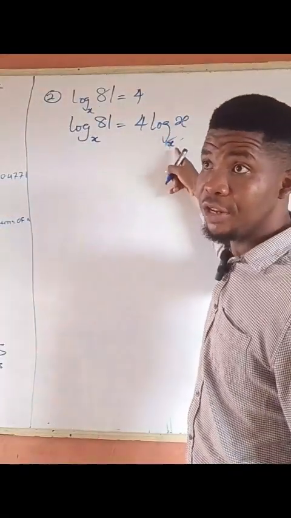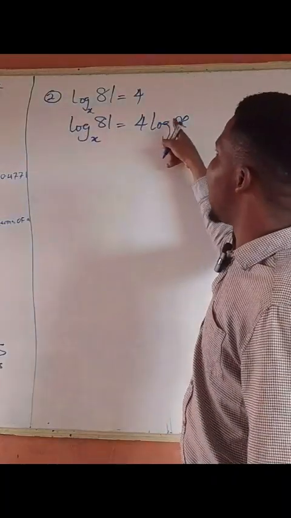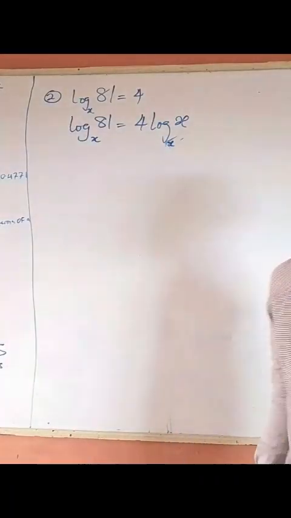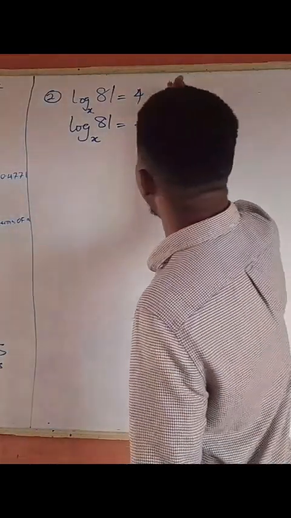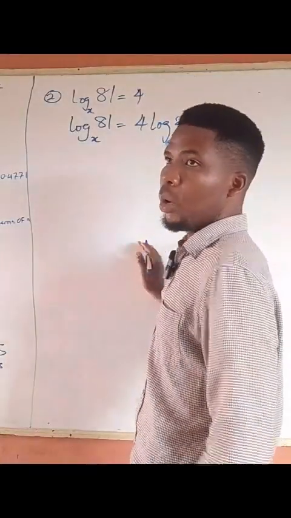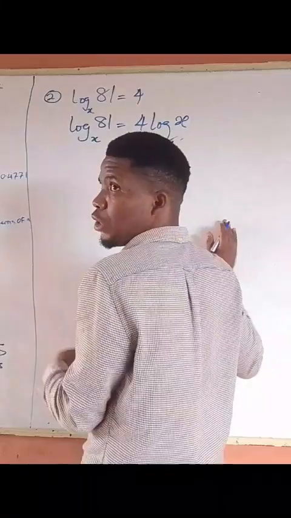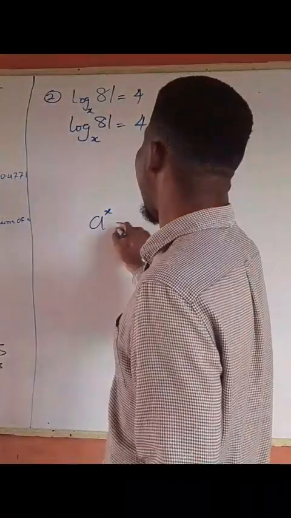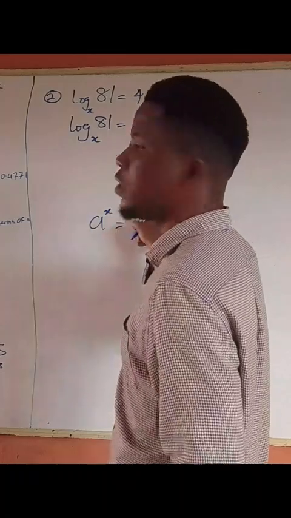Log 3 to base 3. If I have 5 here, what will I put here? Log 5 to base 5. Why now? Because I want to cancel this log. Once you have log here, you cancel. Just like when you have equal base, you can say 3 raised by x and 3 raised by y because they have the same power.